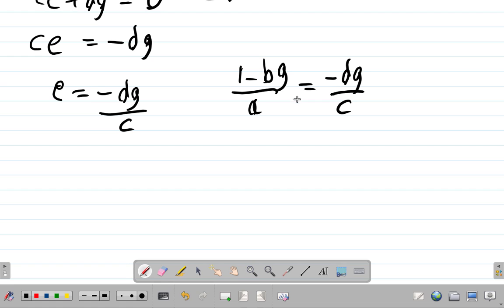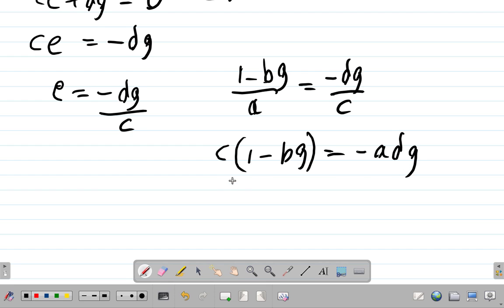So, if we multiply both sides by A, then multiply both sides by C, we cross multiply. Multiplying both sides by C, we have C multiplied by 1 minus BG equals, multiplying both sides by A, negative ADG.